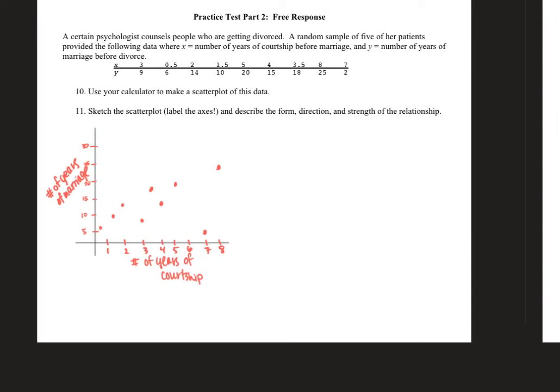All right, so now we're going to describe the direction, form, and strength. For direction, we're going to say it's a positive relationship. Form is linear, and there are no clusters, but there looks to be an outlier at 7, 2.